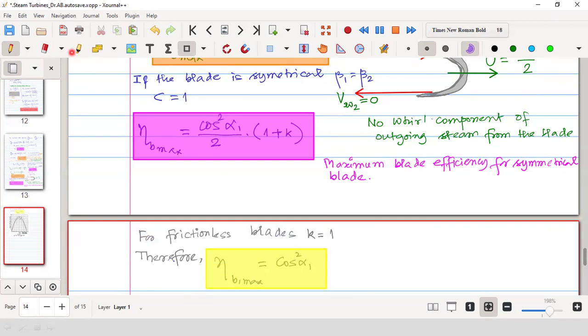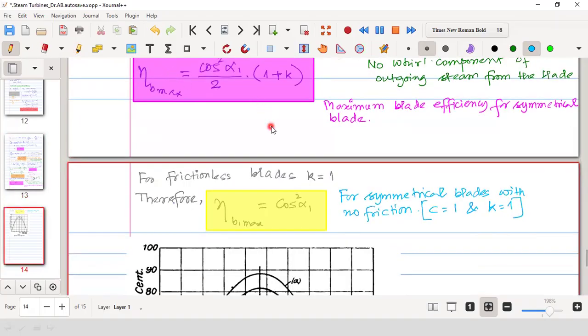That means this is for symmetrical blades with no friction. That means when C is equal to 1 as well as K is equal to 1.